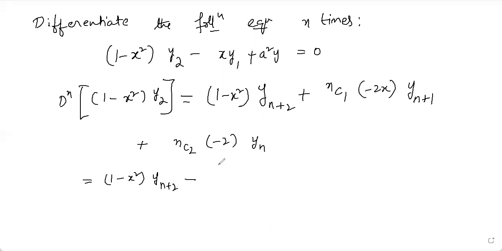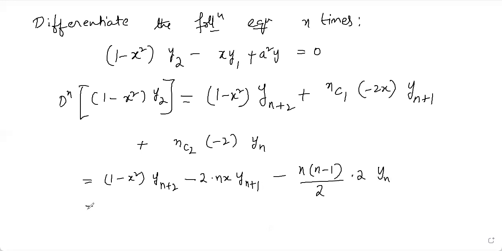This will be minus 2 into n into x, y n plus 1. Again, this is minus, right? n into n minus 1 by 2 into 2 yn.